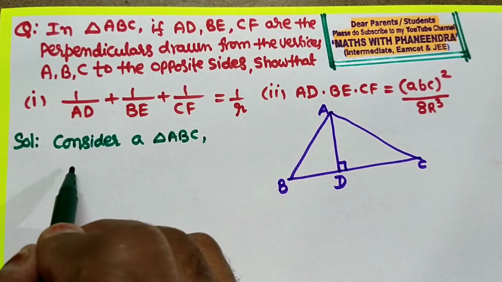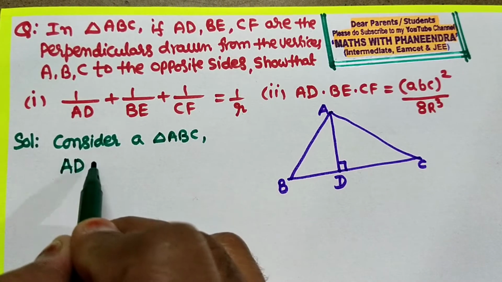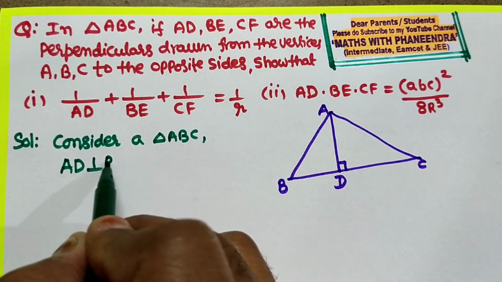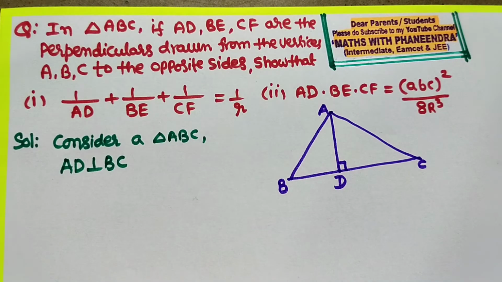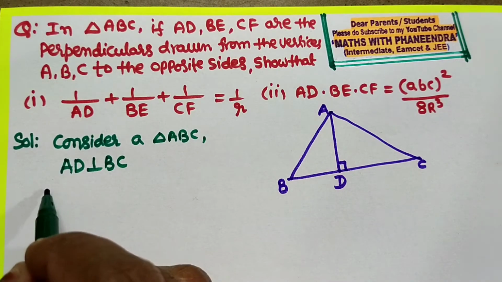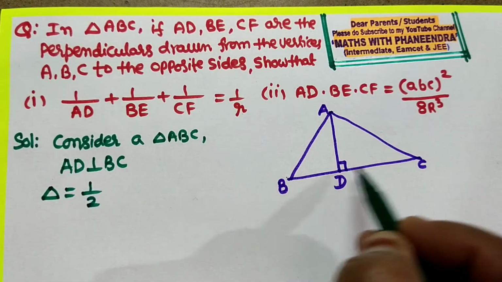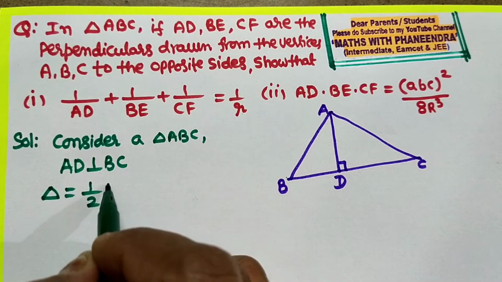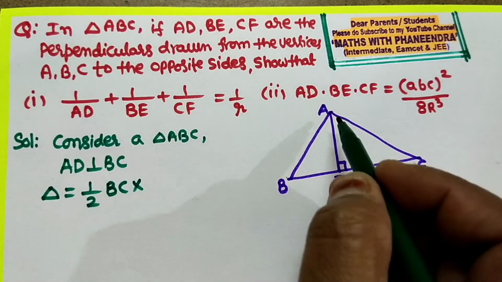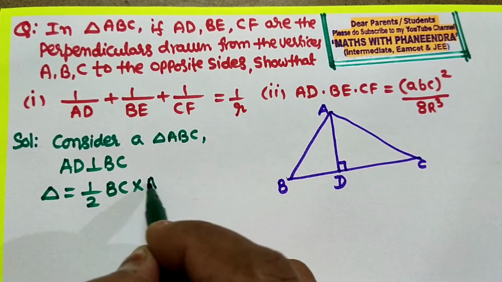From the figure, AD is perpendicular to BC, clearly we are observing that. Therefore, the area of the triangle we can write as half into base, base is BC here, BC into height AD.